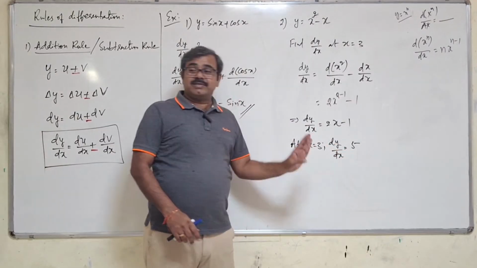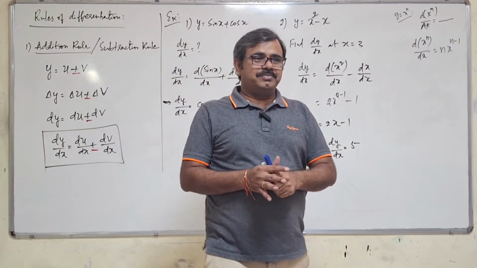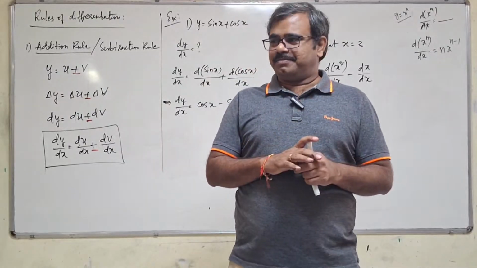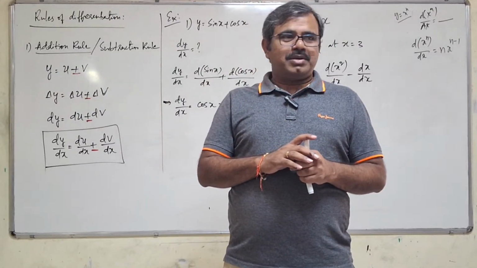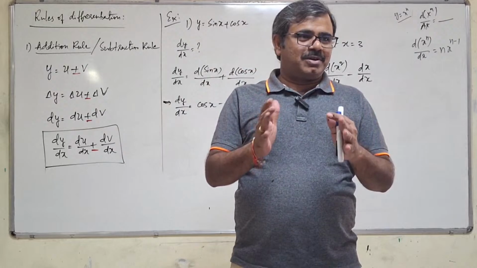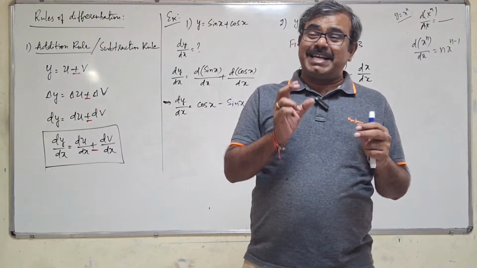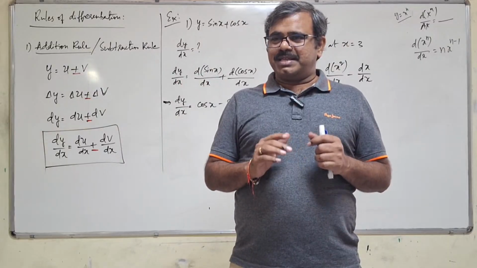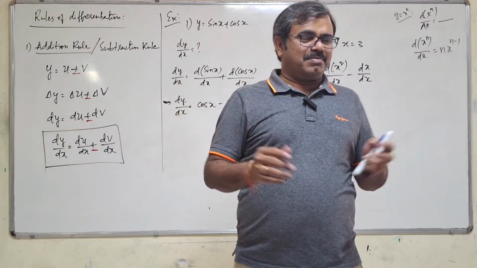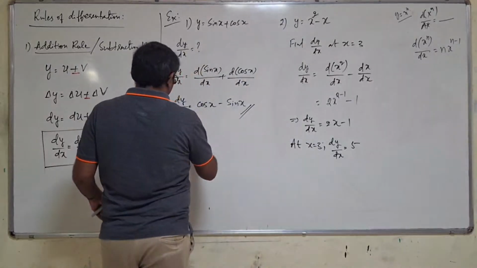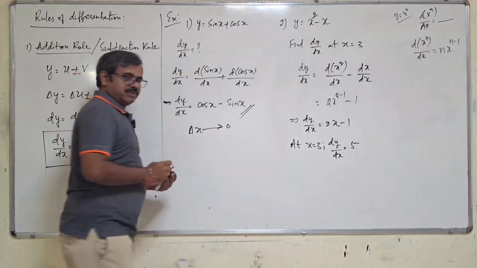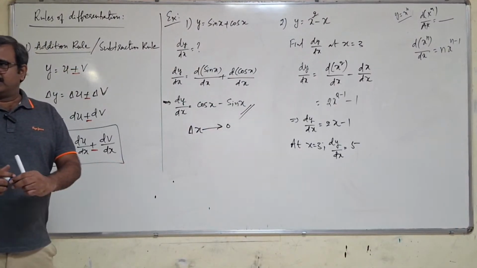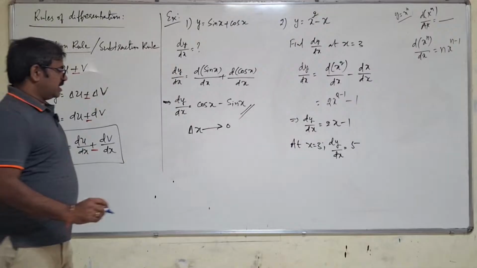When I say at x is equal to 3, what do we mean by it? Around x is equal to 3, we construct a small interval. How small an interval? Very small. Technically, that is called infinitesimally small. When I say infinitesimally small, it means that the interval tends to 0, but is not equal to 0.